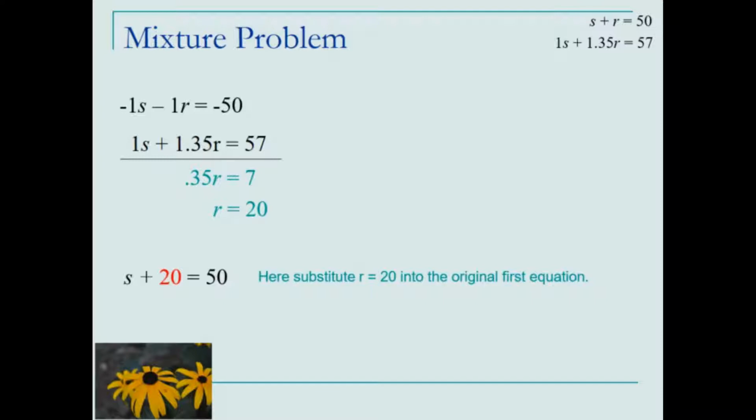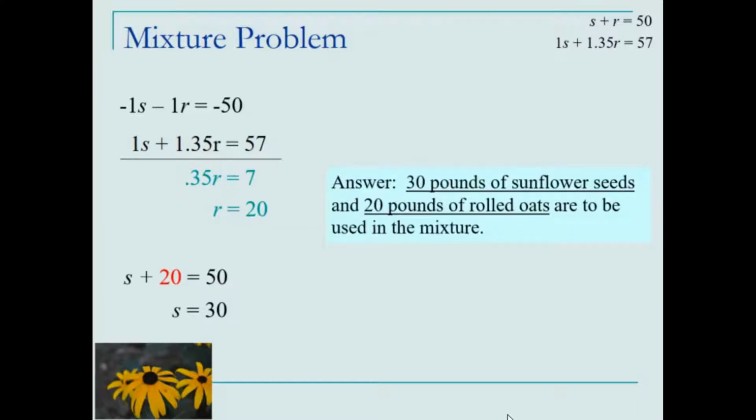In place of R, we've put the value of 20 that we found to solve for S, and S is equal to 30. S stood for the pounds of sunflower seeds, and R stood for the pounds of rolled oats, so our answer then will be 30 pounds of sunflower seeds and 20 pounds of rolled oats are to be used in the mixture.